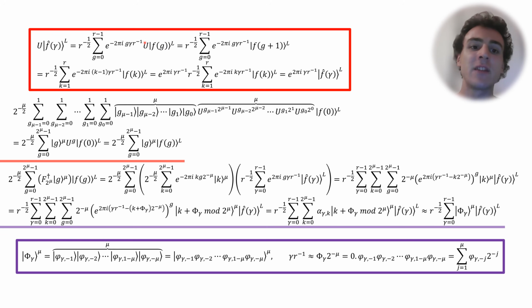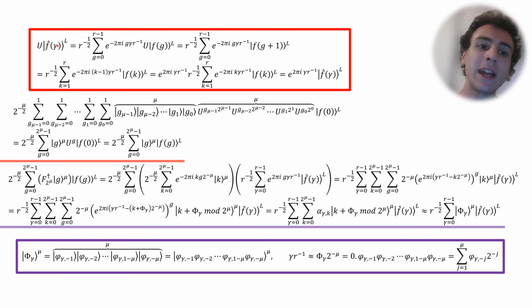So that is the definition of these states that we saw in the blue box. So what we're going to have is a normalization coefficient of r to the minus 1/2, and then a sum over g going from 0 to r minus 1. And then we will have the complex exponential factors that have the form e to the minus 2 pi i g gamma divided by r.